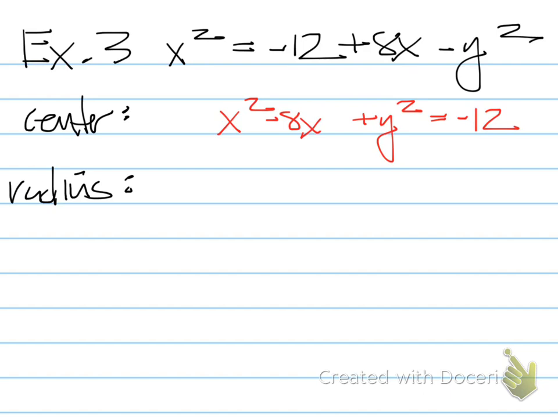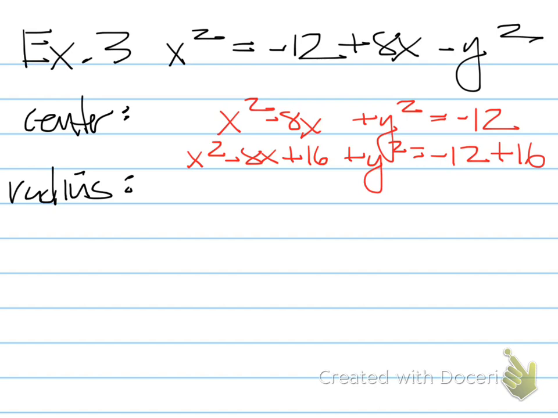And now we're going to need to complete the square for the x expressions. So we take half of that linear term, half of -8 is -4, and then -4 squared is 16, which will complete that square. And because we're adding 16 to the left side of the equation, we need to also add it to the right side of the equation.